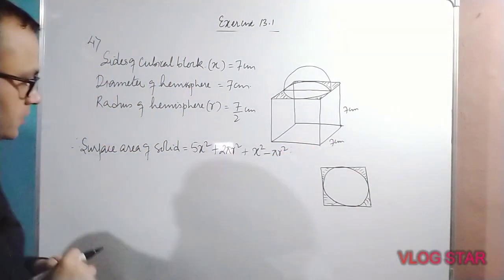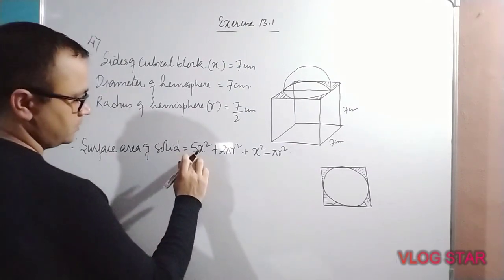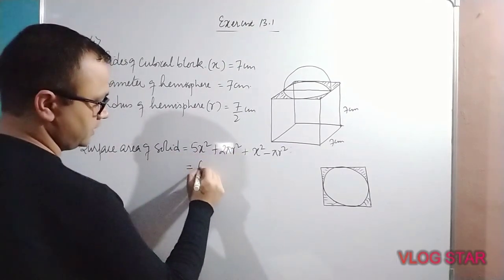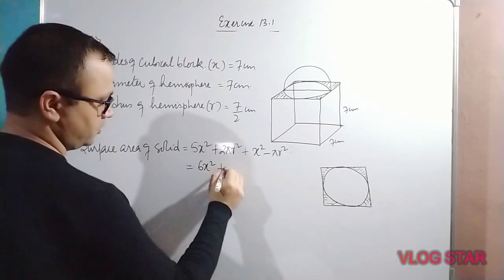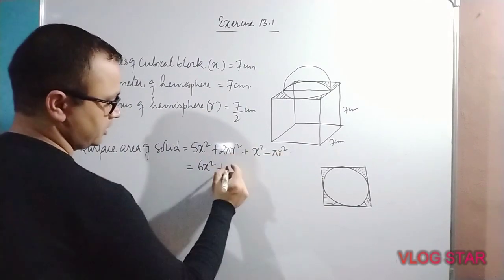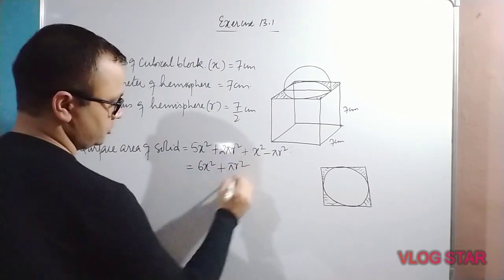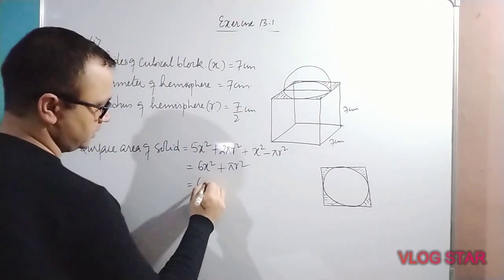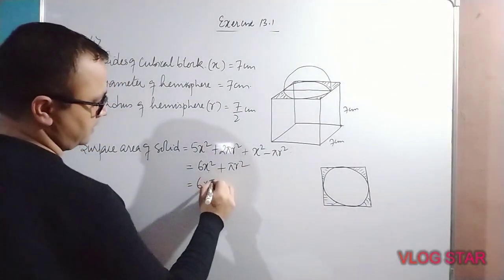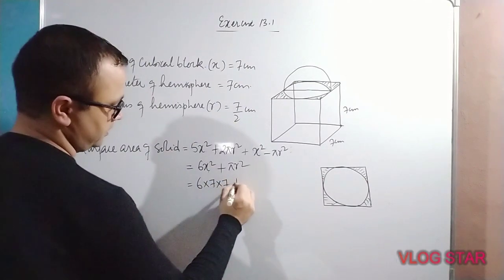Now simplify it first. 5x square plus x square is 6x square, plus 2 pi r square minus pi r square, which is pi r square.